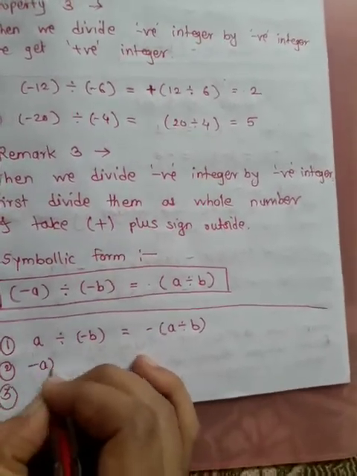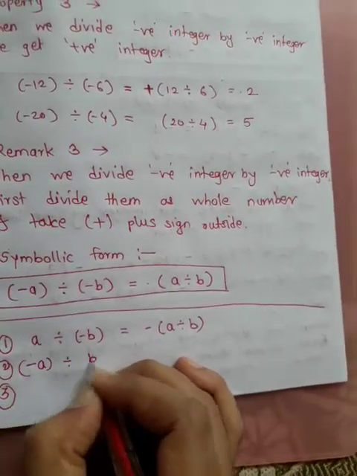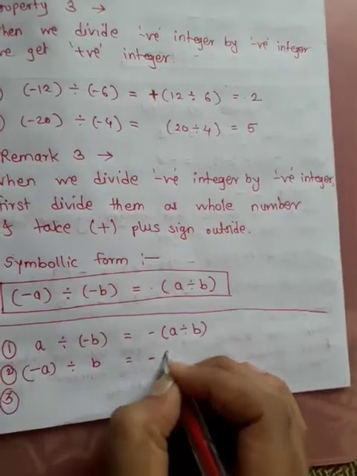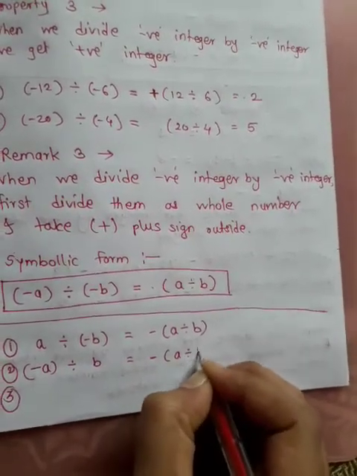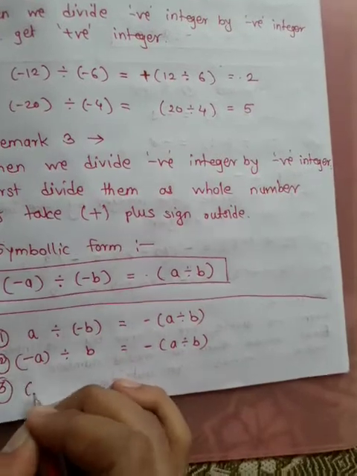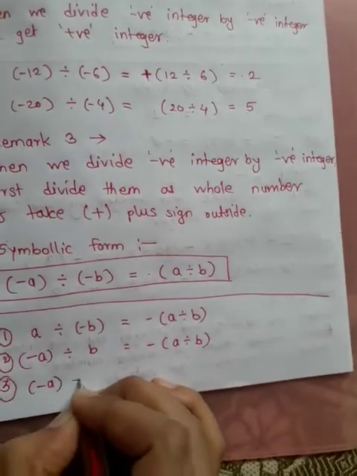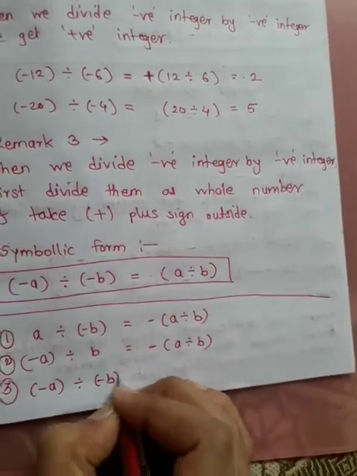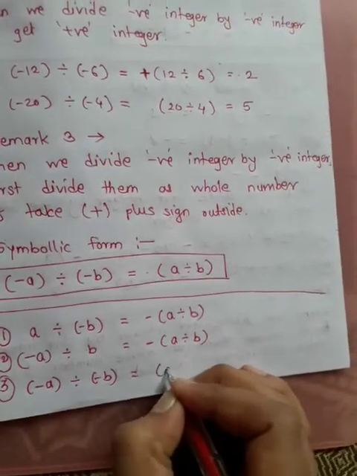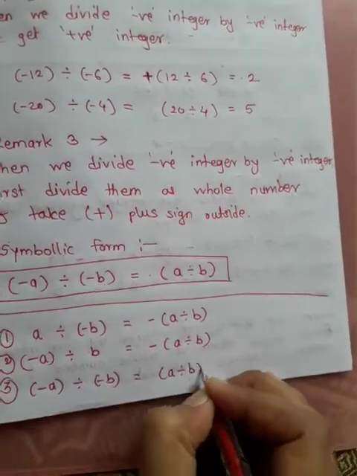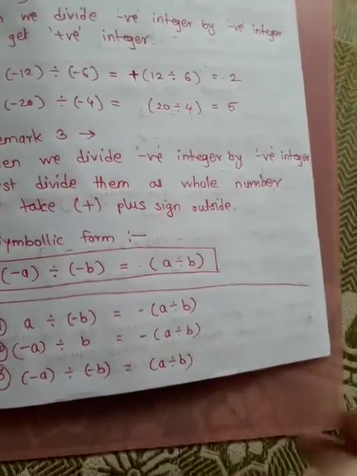When minus a is divided by b, we write the minus sign outside, a upon b. And third is minus a upon minus b, it gives you only a upon b. These are the 3 properties.